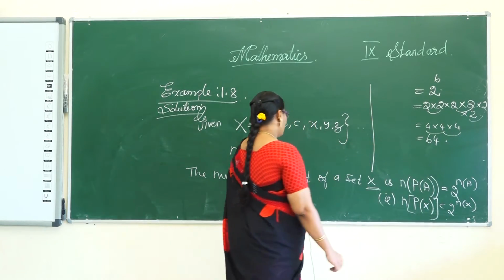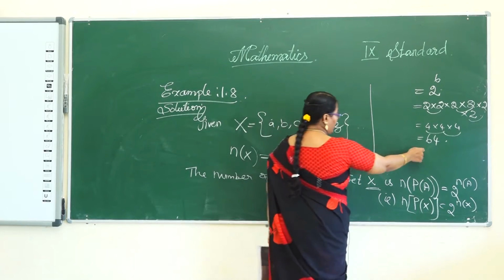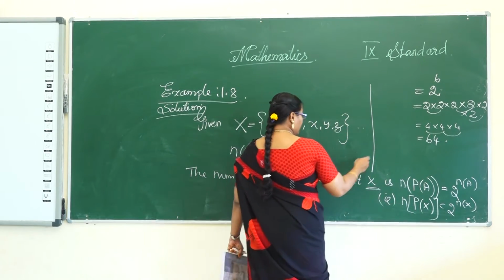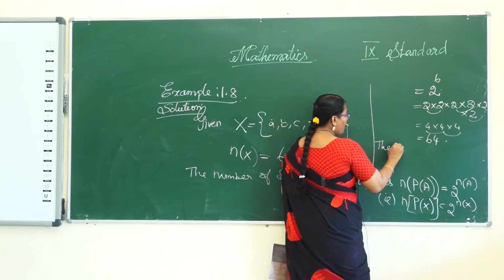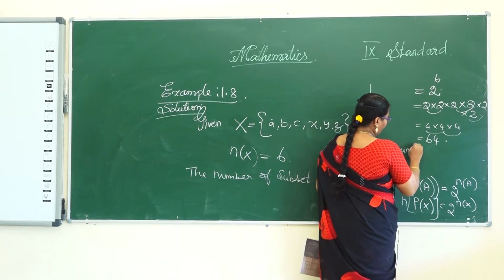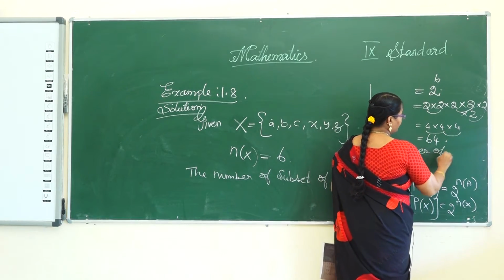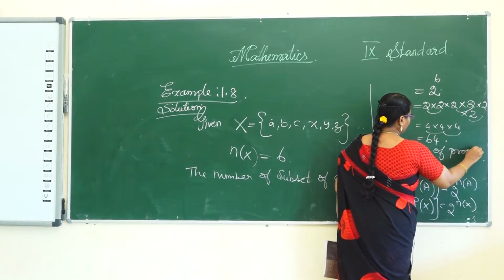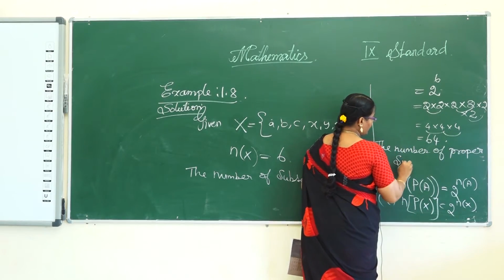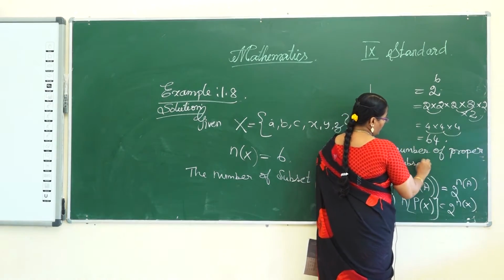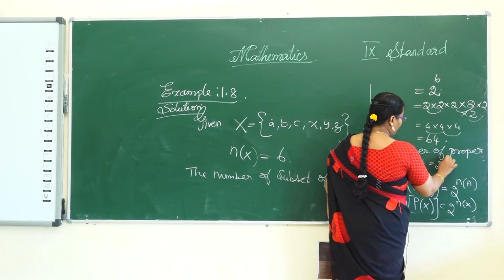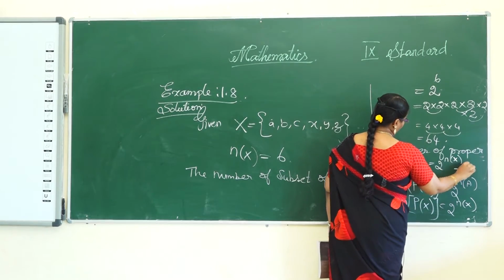So, the number of subsets of a set is 64. And next one, the number of proper subsets. What is the formula? 2 power n of x minus 1.